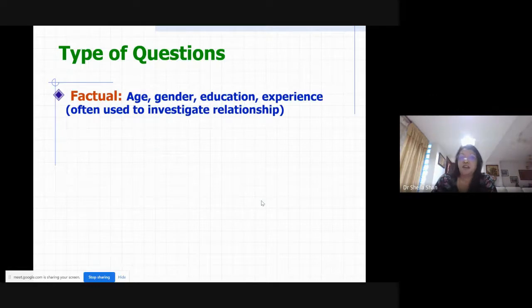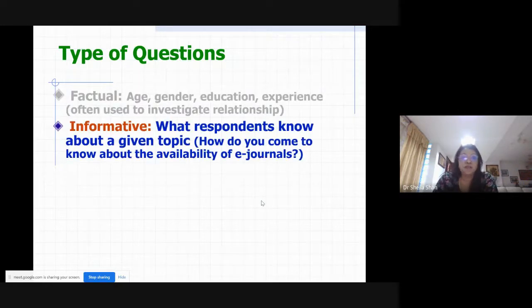Education and SES, socio-economic status, is highly related to quality of life, so you are finding a relationship between education level, social economic status and quality of life. Experience: years of experience make educators more patient. This kind of question you can use for our questionnaire.